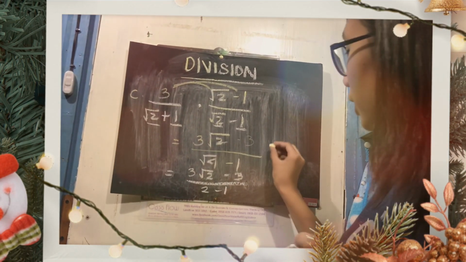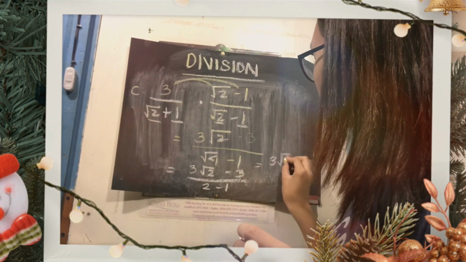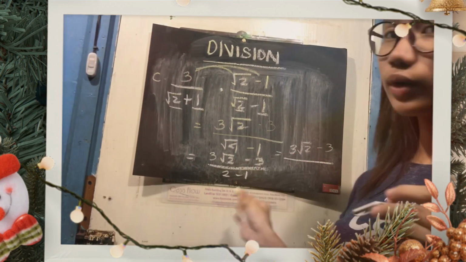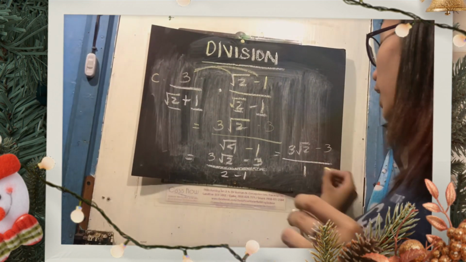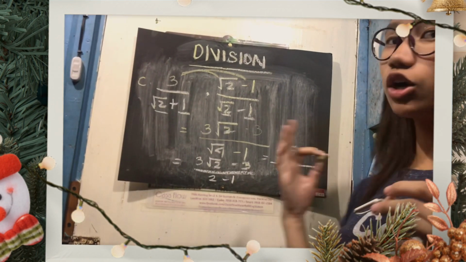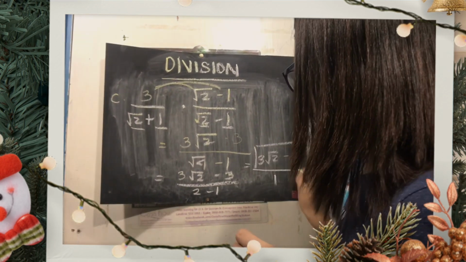So we copy the 3 square root of 2 minus 3 over 2 minus 1, which is equal to 1. So the answer is 3 square root of 2 minus 3, because the over 1 is a whole number. So this is the answer.